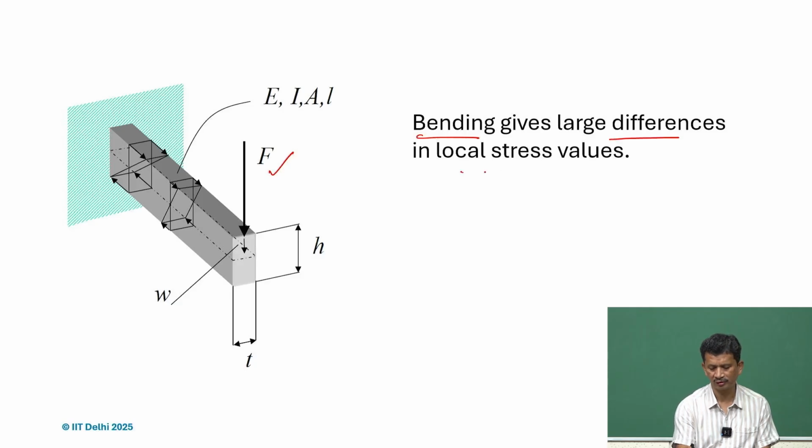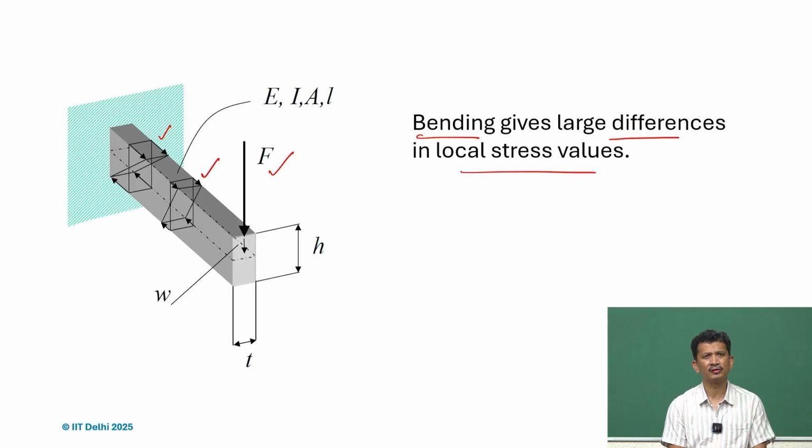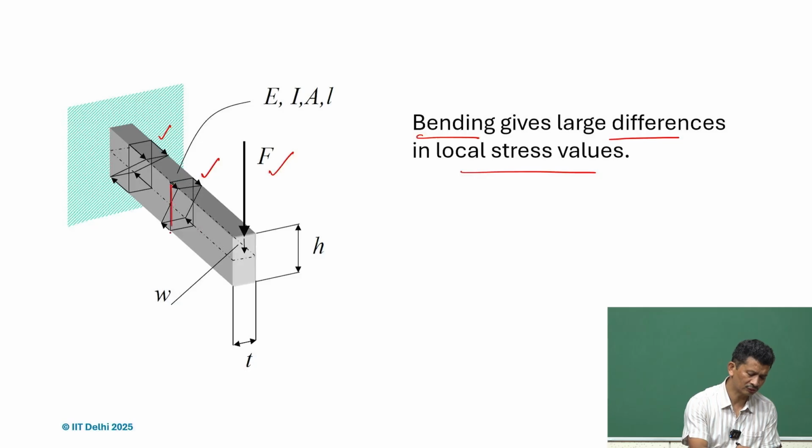There is a large difference in local stress value, and even at a different place the stresses are different, and along the cross section also. So, for instance, here at the top layer we have the maximum tension, and at the bottom layer we have the compressive load, and in between it will vary.